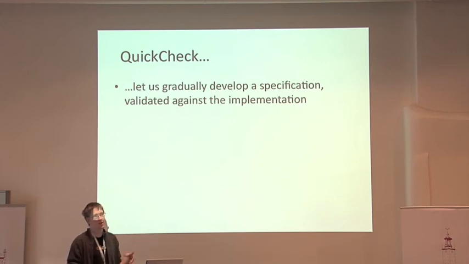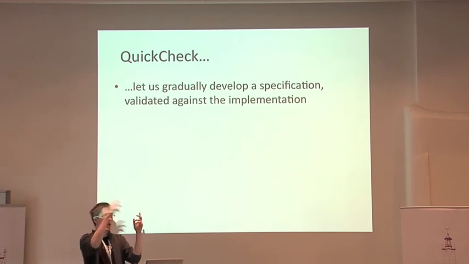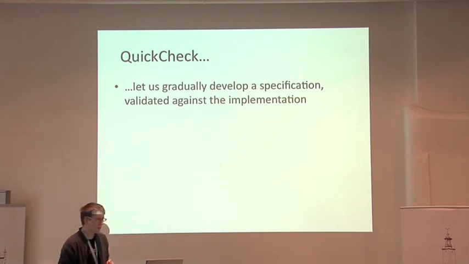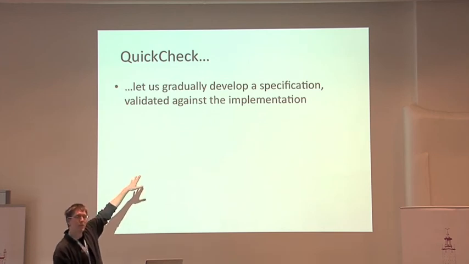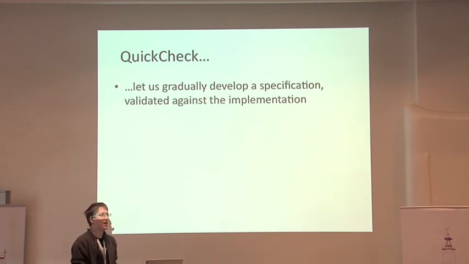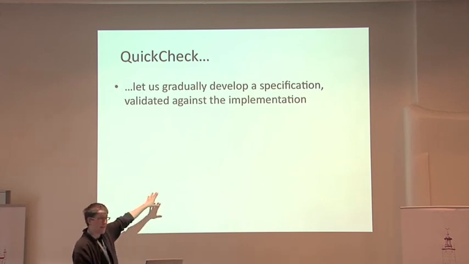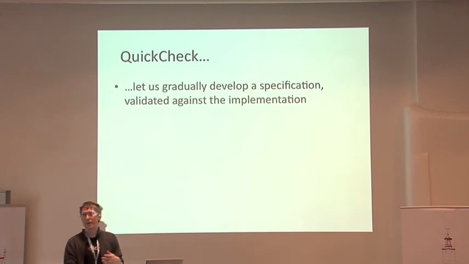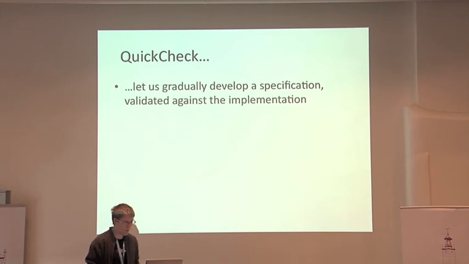And I think if we'd started trying to write the correct model from the beginning, we wouldn't have thought of this fresh and stale view business. So it's a very helpful technique to just start out with a simple incorrect specification and then validate it against the implementation, see where it goes wrong, and then gradually refine the specification until you get something that you're happy with.